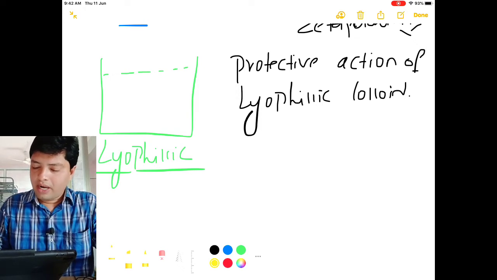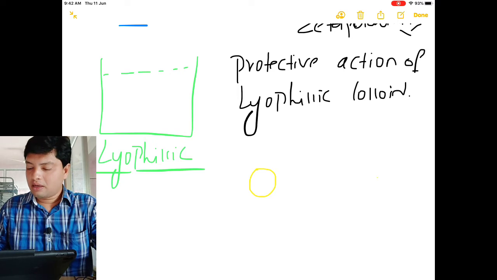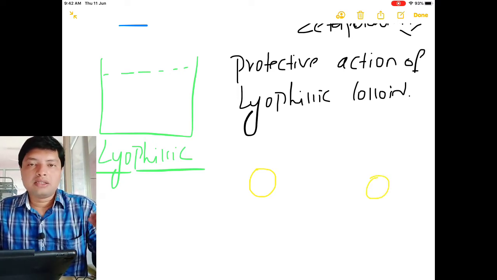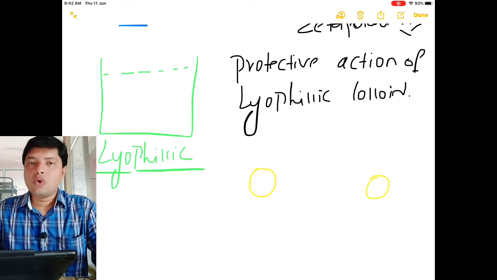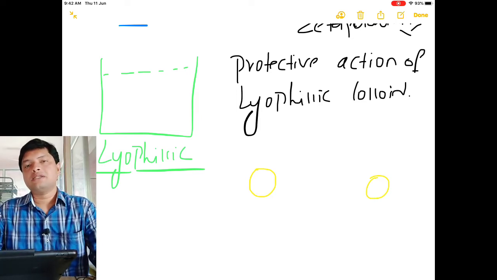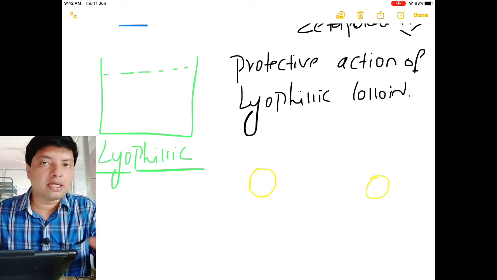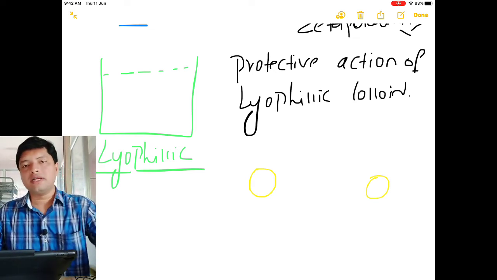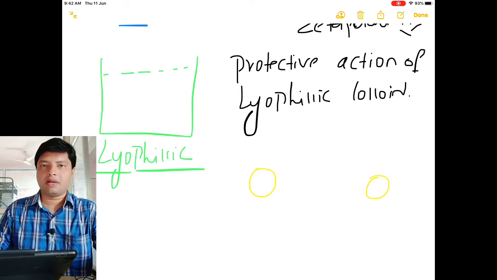Assume that I have a gold nanoparticle. So this is a gold colloid. This is another gold colloid. We studied previously that these gold colloids are stabilized by the charge on the particle, that is zeta potential. This charge eventually leads to the creation of the zeta potential and they are stabilized.